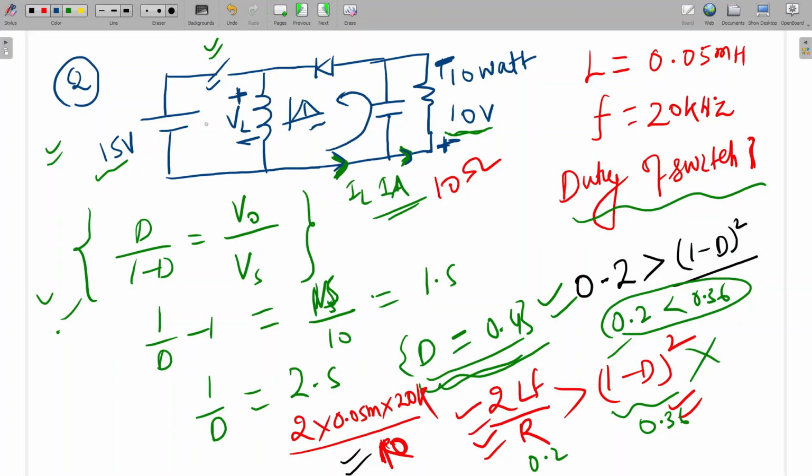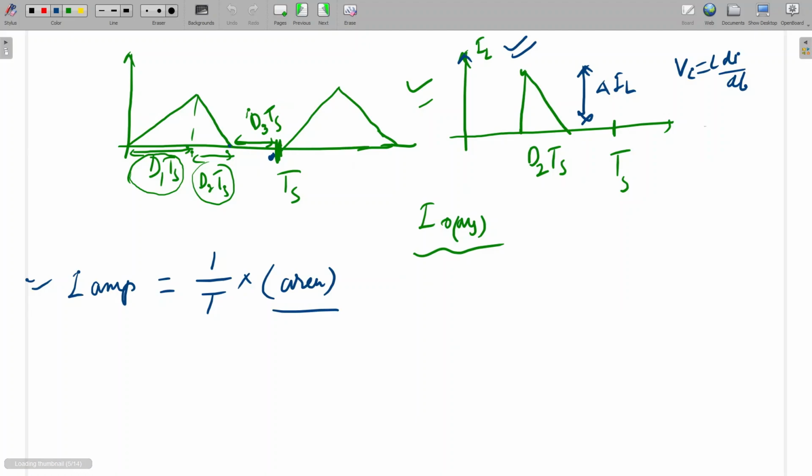So what will be the value of VL? VL will be minus V naught. So we can write minus V naught divided by L should be equal to delta IL, that is y2 minus y1. So y2 minus y1 we can write as minus delta IL divided by D2 Ts.